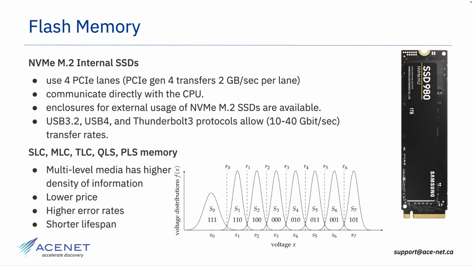So for you to make an informed choice when selecting the right storage device, you need to have an understanding of the existing technologies in this rapidly evolving field, and how these underlying technologies impact system performance and data storage reliability.